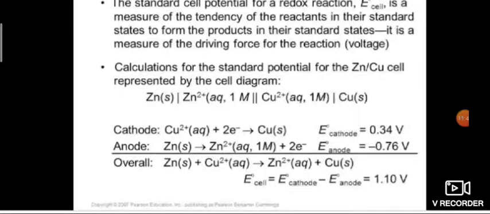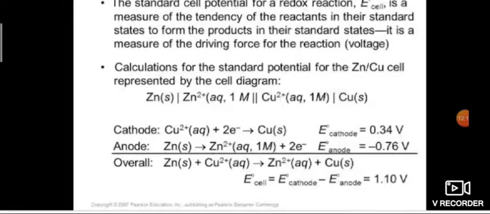The standard cell potential for a redox reaction, E0 cell, is a measure of the tendency of the reactants in their standard state to form products in their standard state. It is a measure of the driving force of the reaction. So this is the equation: Zn, salt bridge, converting into Zn2+ 1 molar.